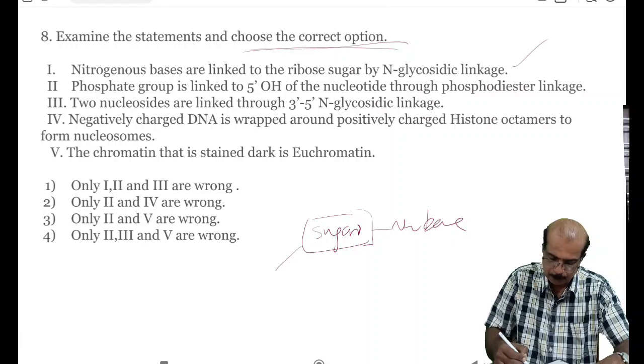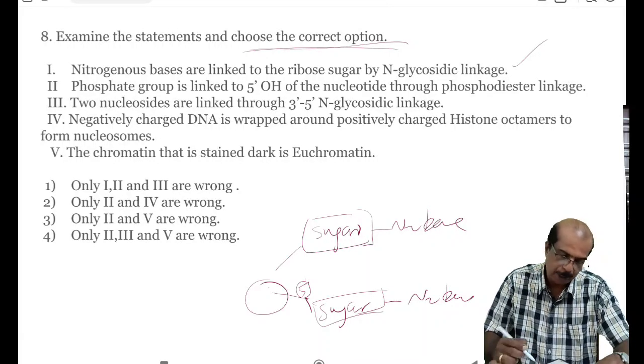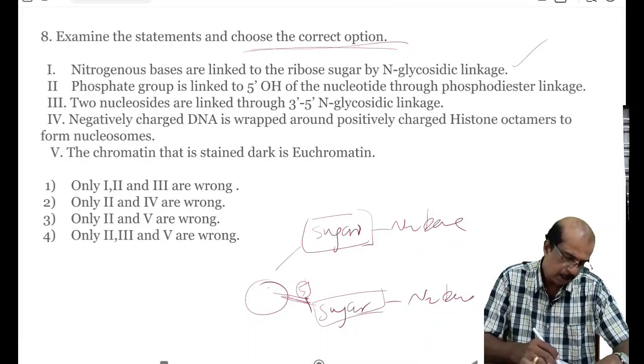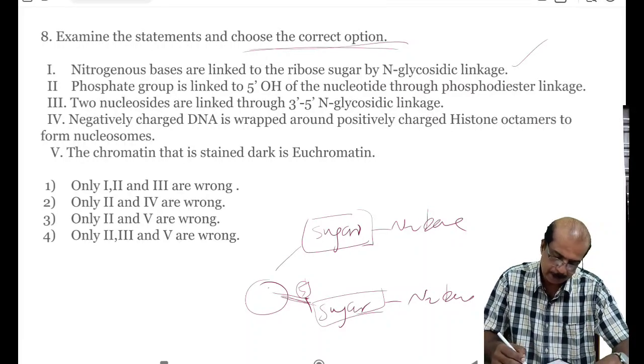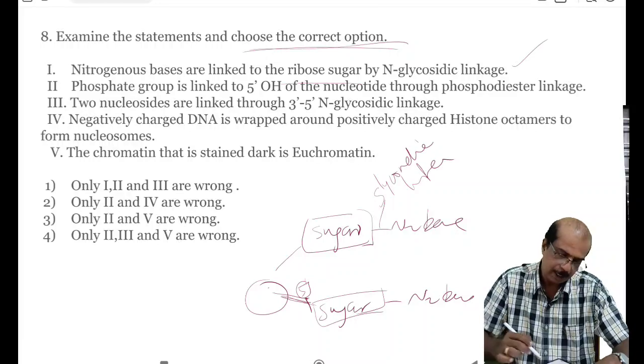Here also sugar, nitrogen base, 5 prime. Here the phosphate group is attached to this 5 prime. Here the question is the linkage between ribose sugar and nitrogen base. Here this is glycosidic linkage. The first statement is correct.